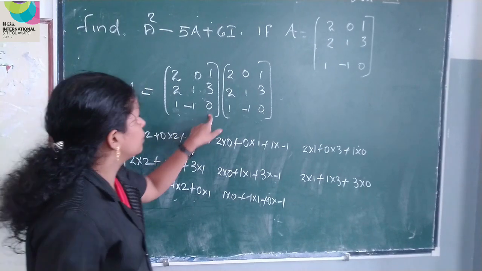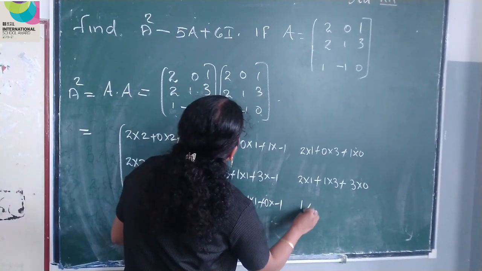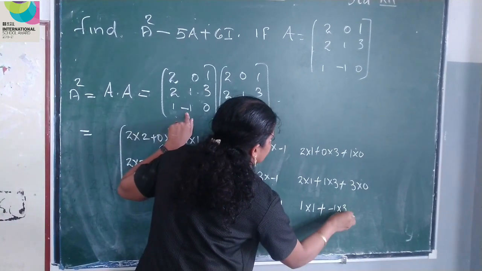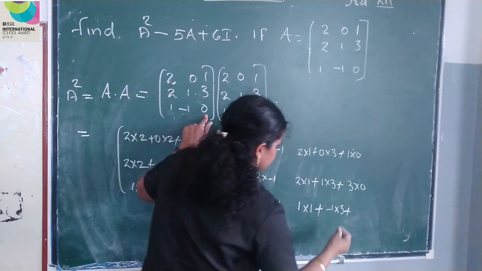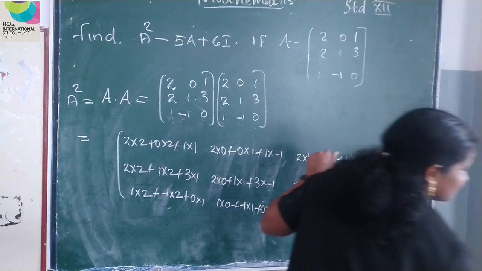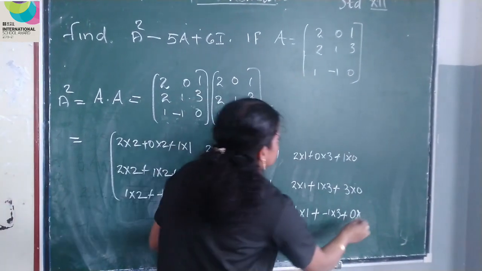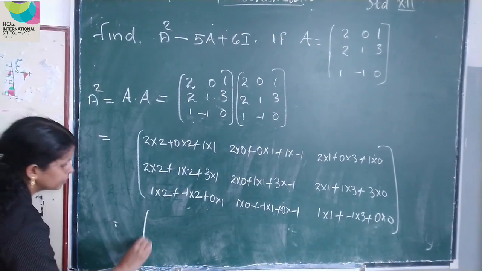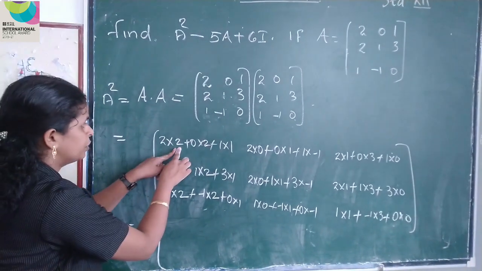The next, third row into third column: 1 into 1, plus minus 1 into 3, plus 0 into 0.